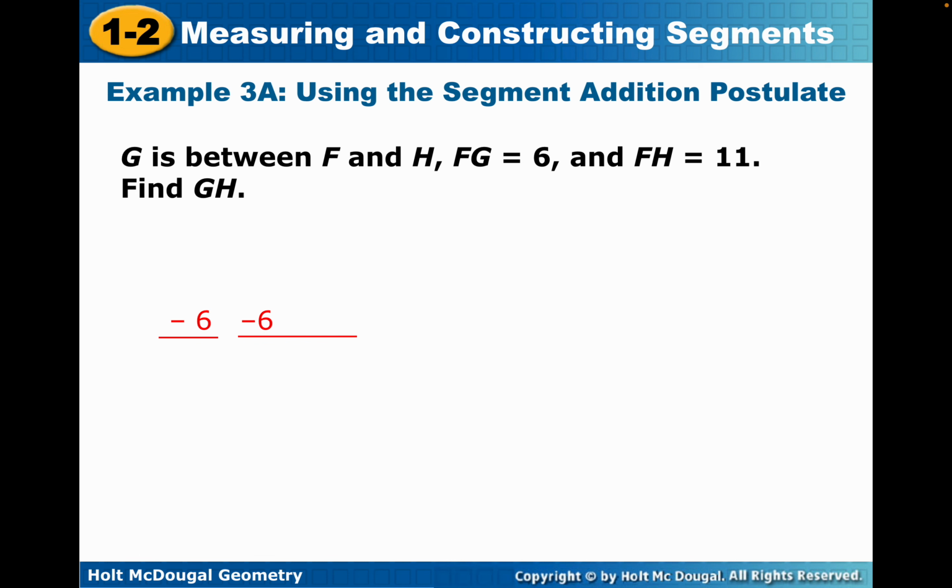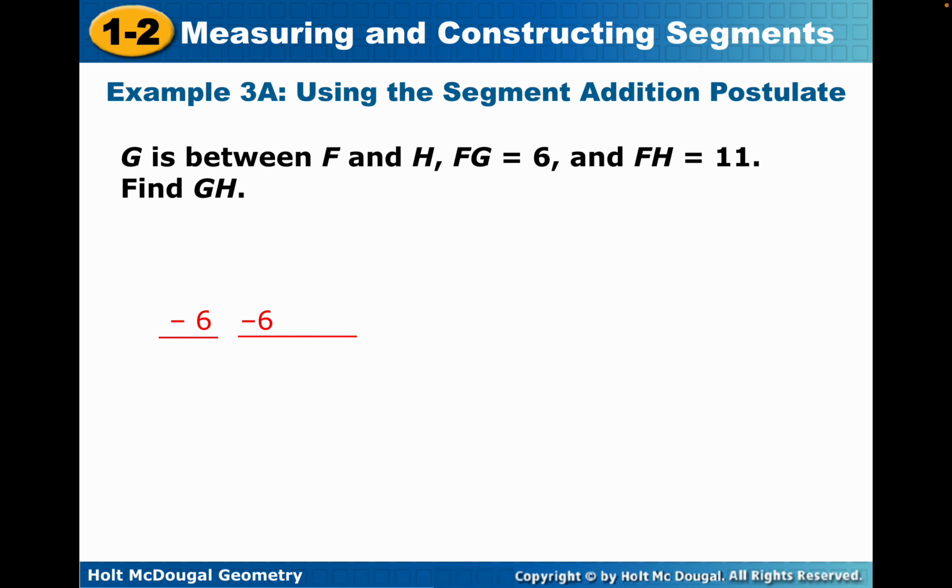Maybe that picture looks like FG and GH are congruent, but we don't have the tick marks. So maybe FG might be a value of 2, GH might be a value of 17. It doesn't matter, we're just drawing it out so we can look at what that's going to look like.